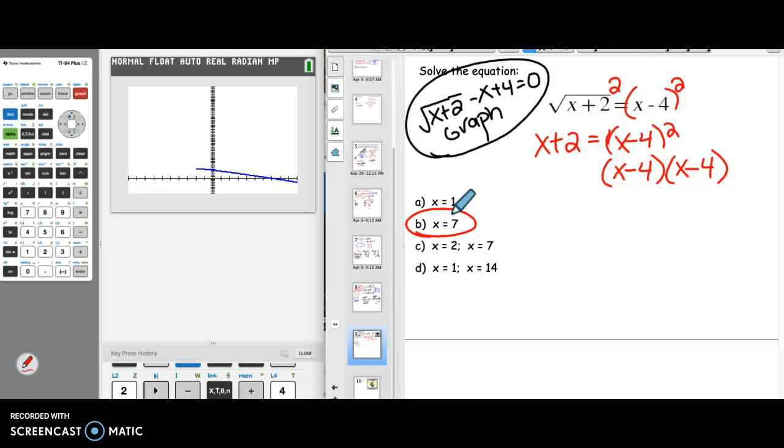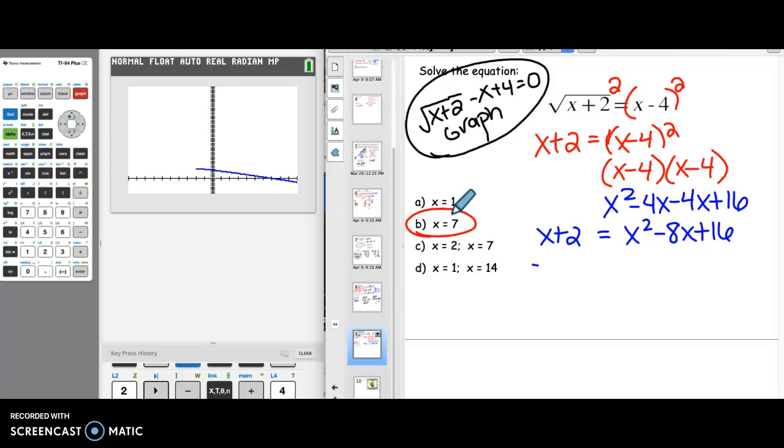Squared means it times itself. So I'm going to distribute this in and combine like terms. That equals x plus 2. To solve a quadratic, you need to set it equal to 0. So I'm going to subtract over the x and the 2.